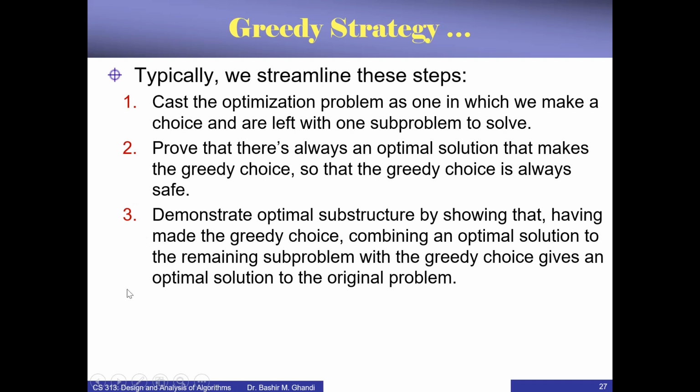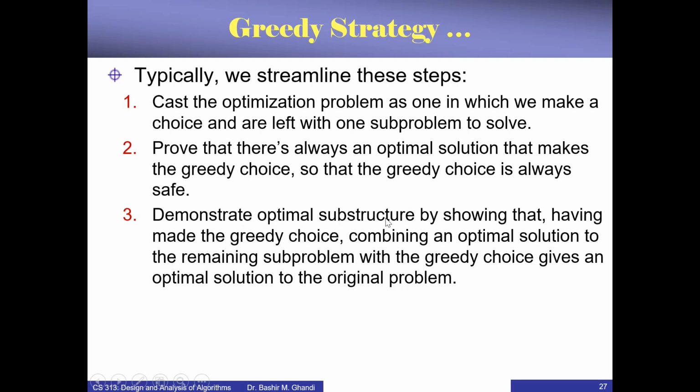Once you are able to do that, then go ahead and define your recursive solution and then convert it into iterative version. Okay, this is how to do it basically. You don't start by casting the problem as one that has 2 or more subproblems. No, only one subproblem. After making a greedy choice, there is one subproblem. Okay, try to prove that the greedy choice is safe, and that the subproblem will actually give you an optimal substructure.